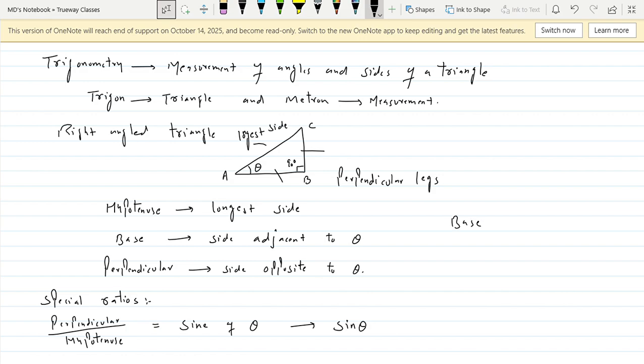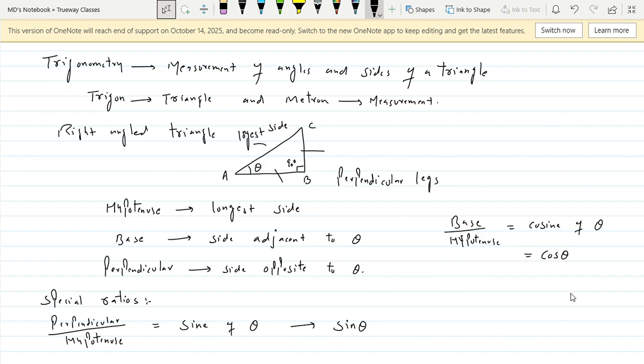It is the base divided by hypotenuse. So this is called cosine of this fixed angle theta. In short we write cos, but we read it as cosine theta.